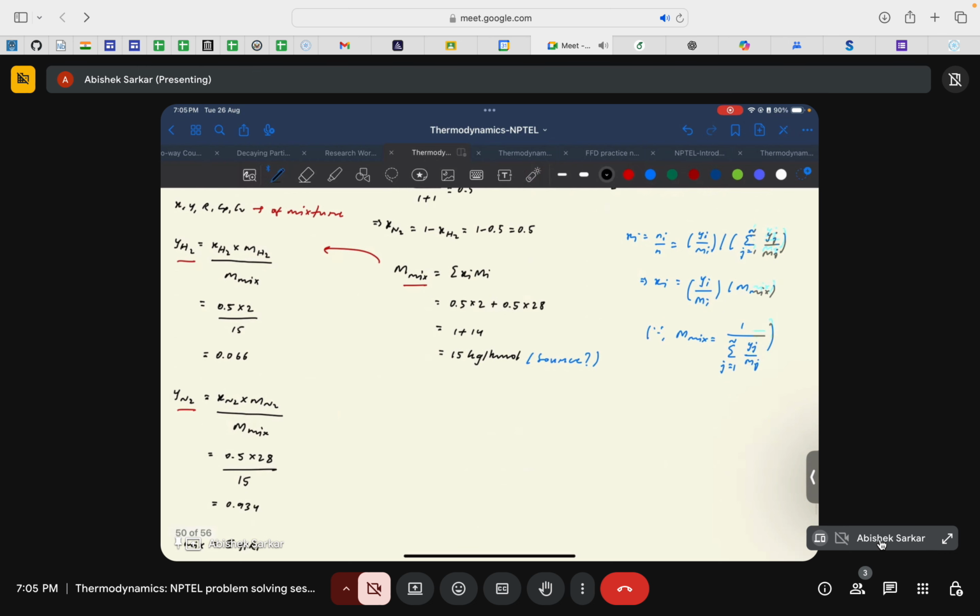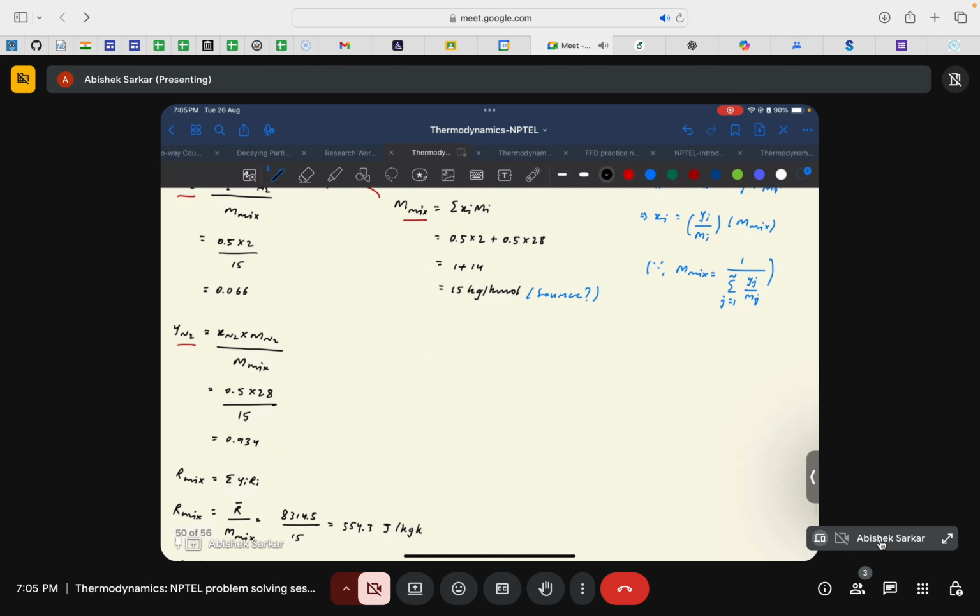You can find YN2 simply as 1 minus 0.066. Otherwise, you can also follow these steps as well, but you will get a similar result. YN2 is 0.934. I hope this is clear till now.